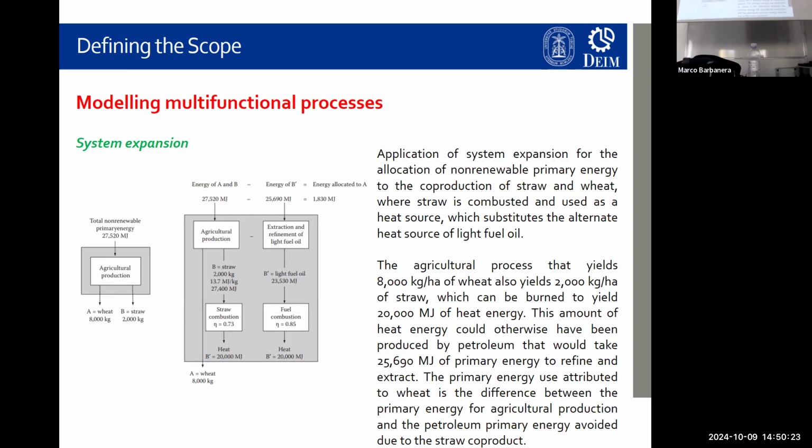So if we want to apply the allocation procedure according to the mass content of the products, the only mathematical operation is to calculate the percentage of the overall impact due to wheat and due to the straw.